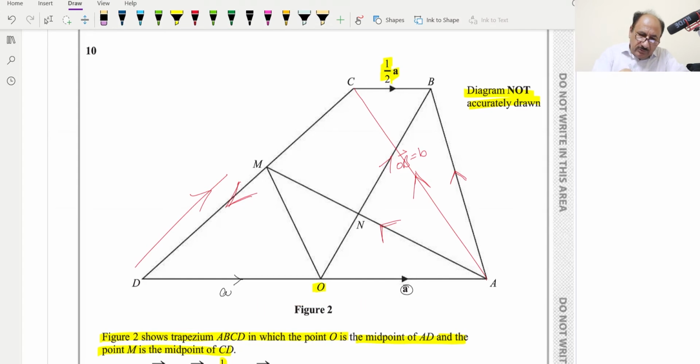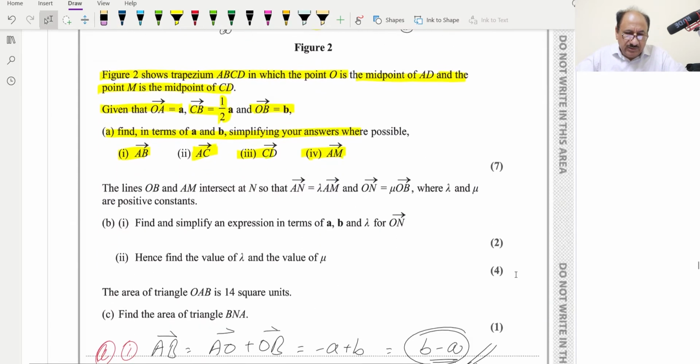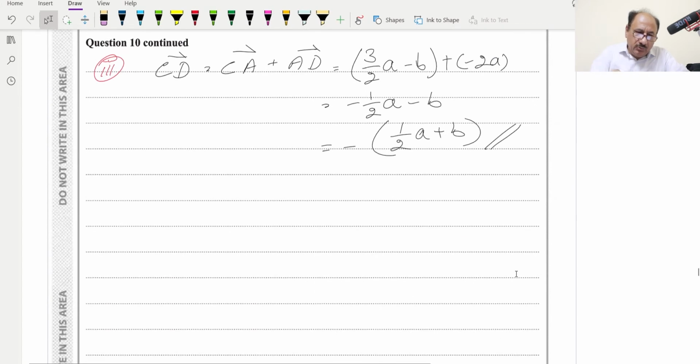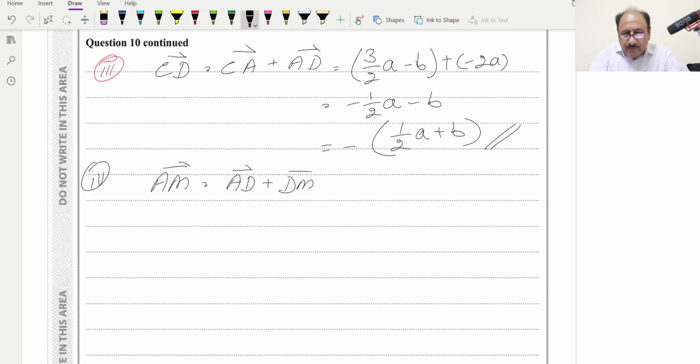So we will be writing in our answer, fourth part will be this one, AM vector is equal to AD vector plus DM vector, and AD we know is equal to minus 2A, and DM is what? DM is minus 1 by 2 of CD.